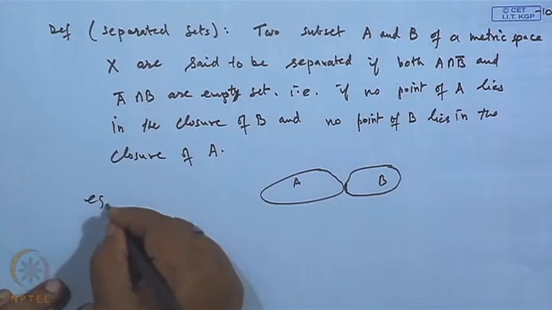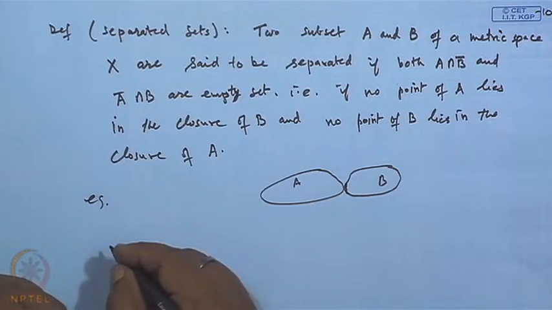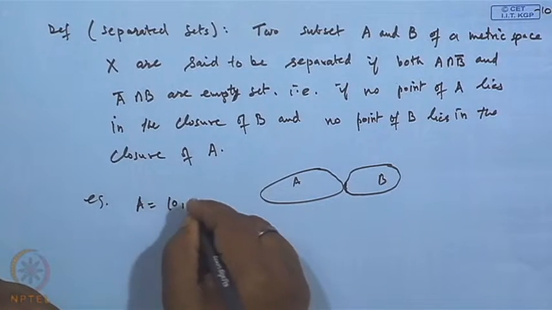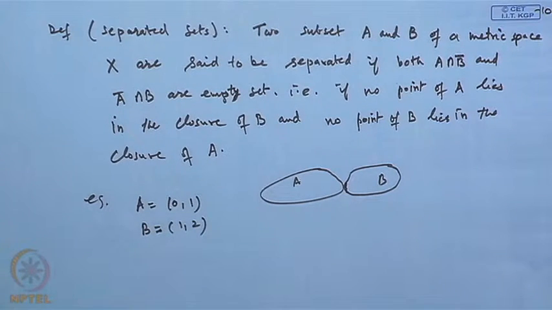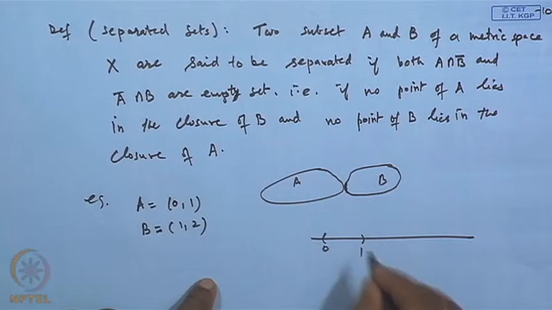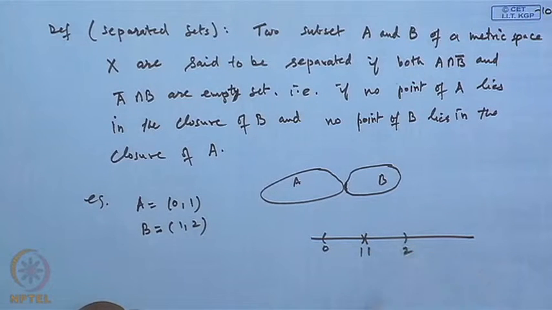For example, suppose I take the set A as (0,1), and B is the set (1,2). If I look at this, here it is (0,1) and here it is (1,2).